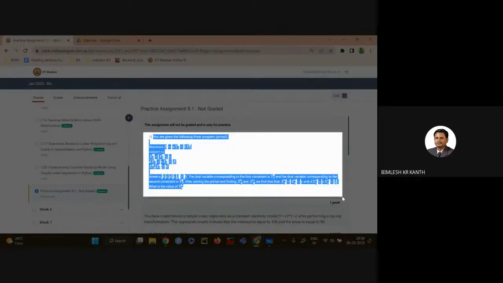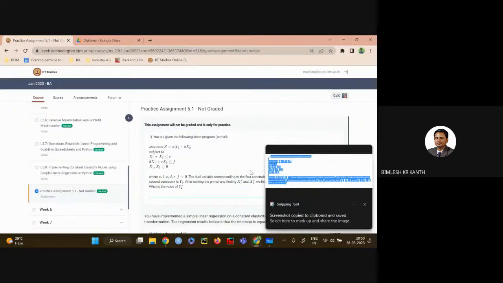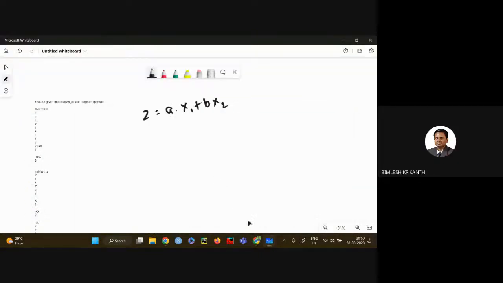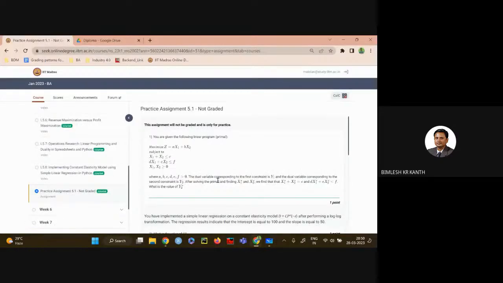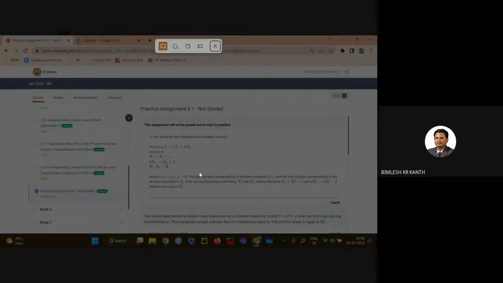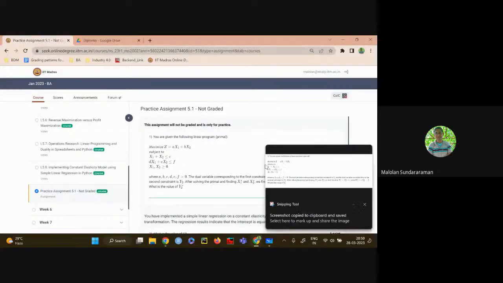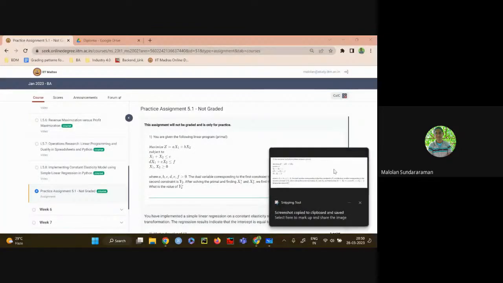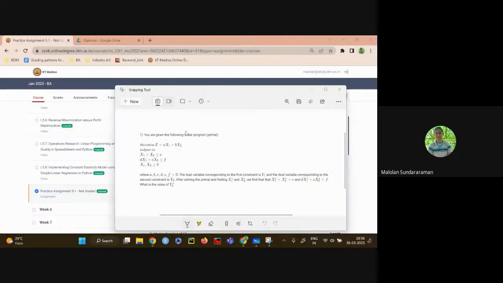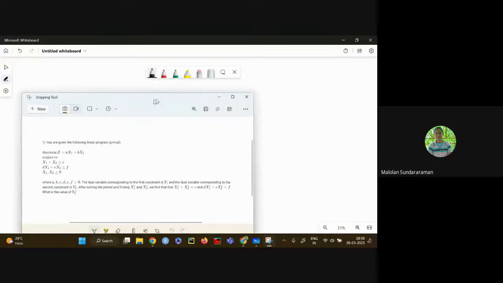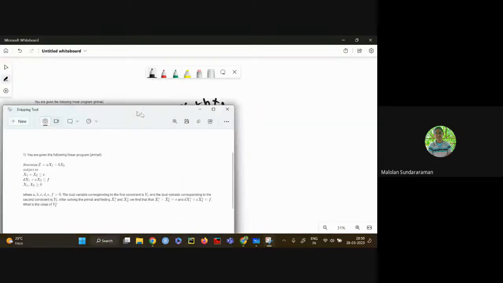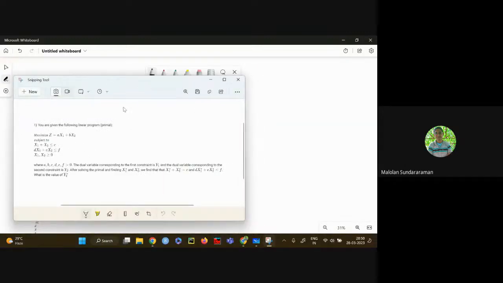Yeah, but then you'll have to click to remove all the blues. Yes, I'll do that. You can do it again. Shift and S. Try Control V here on the whiteboard.